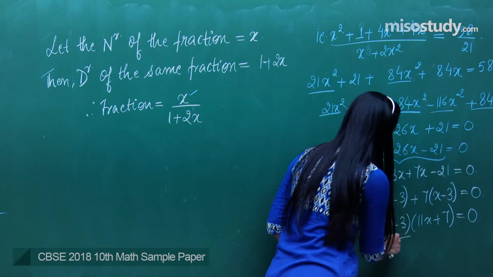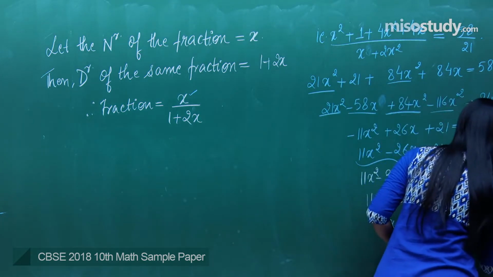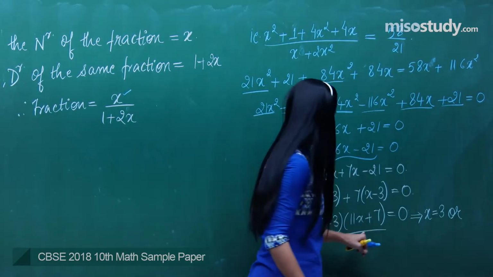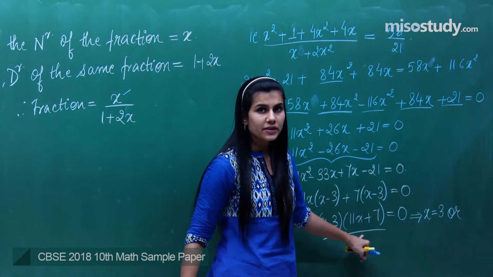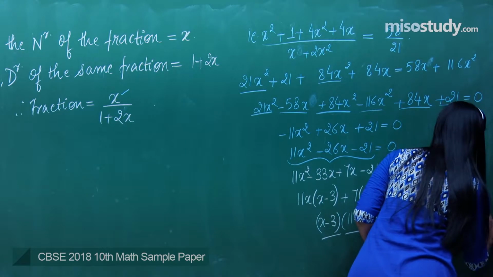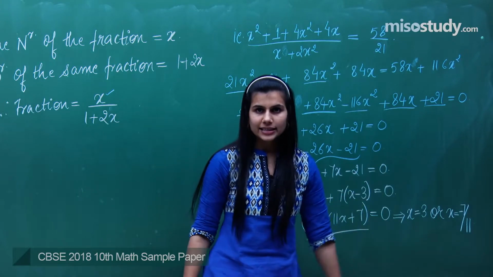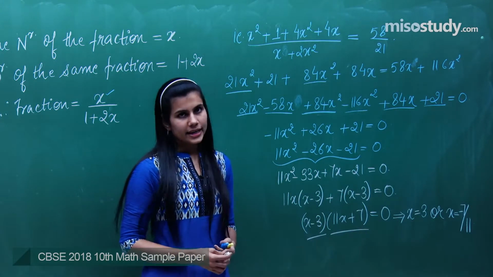That means either this is 0 or this is 0. x minus 3 is 0 means x is 3, or 11x plus 7 equals 0 means x is minus 7 by 11. So x is either that or that. That means x is either 3 or minus 7 by 11.